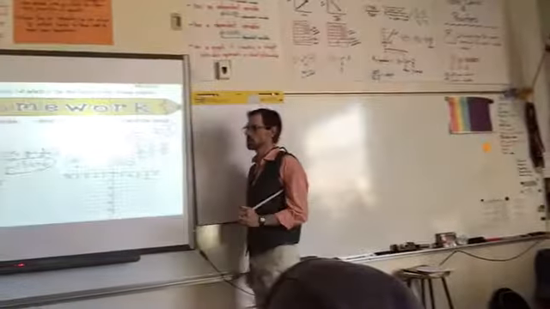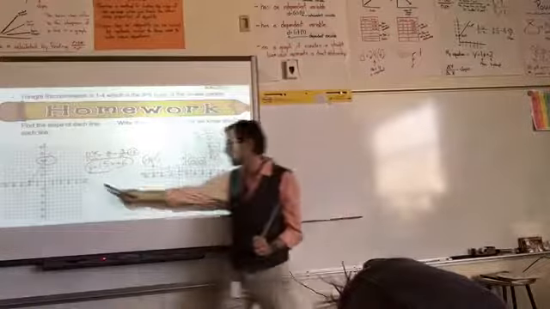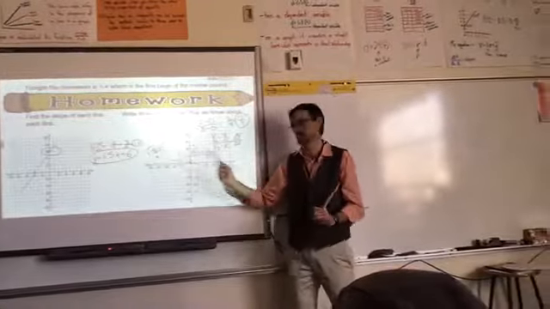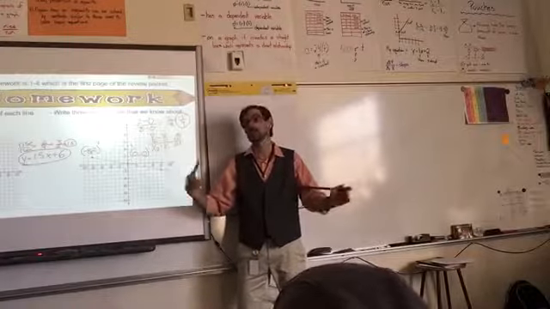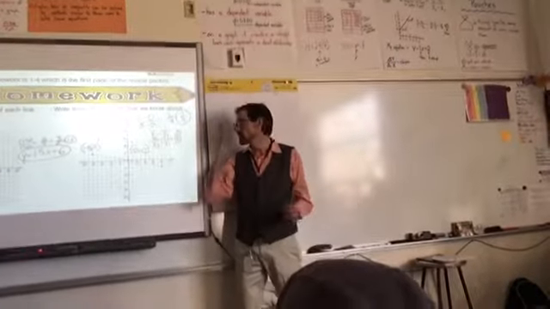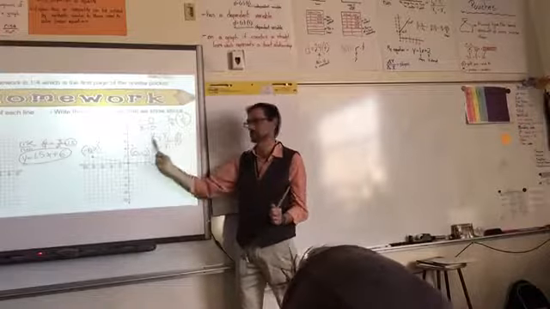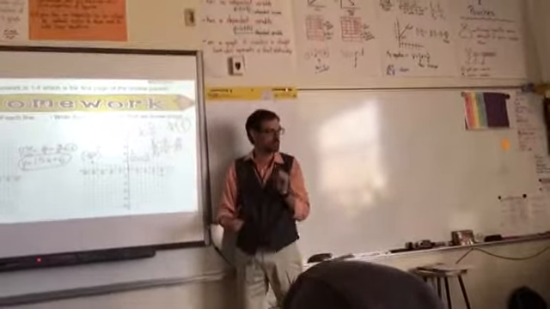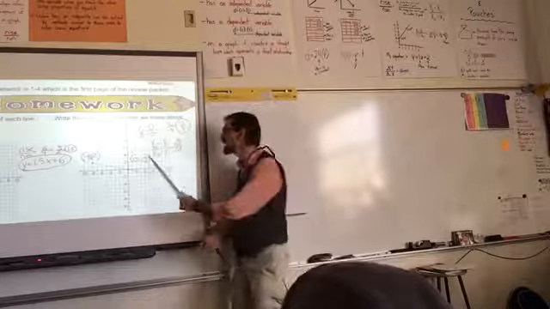So, finding slope. You're going to be able to do it the other way, no doubt. But you're also going to have just 2 points, no graph, and it's going to ask you, what's the slope? That means you have to know how to do this. That's why I'm showing you. That's what I've been showing you last week and now this week as well. This is also right up here.